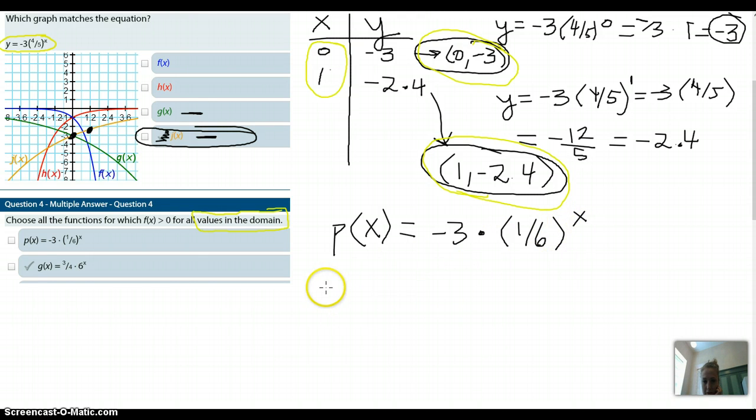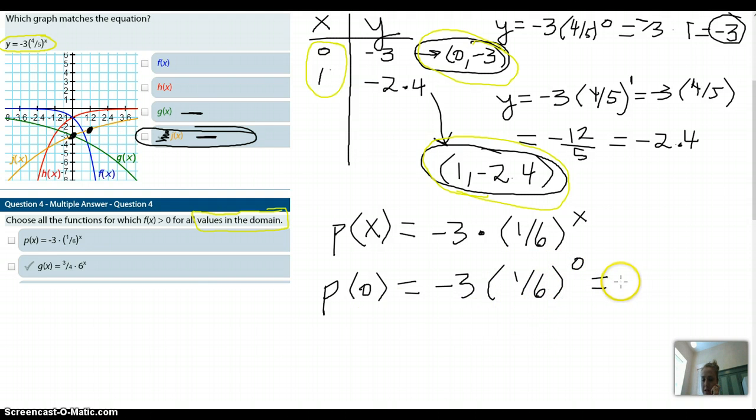If we put 0 in for x, so if we take p of 0, then we'll have -3 times 1 divided by 6 to the 0 power. We know that anything to the 0 power is equal to 1. So this will just equal -3 times 1. And that's -3, isn't it? So we already violated our one rule, that f of x has to be greater than 0 or positive. So this one doesn't work. We know that this cannot be our correct answer.